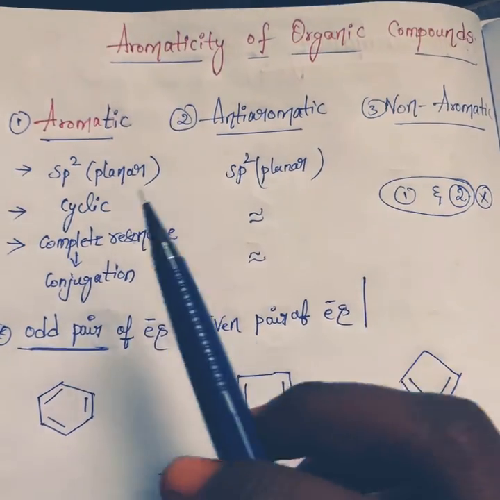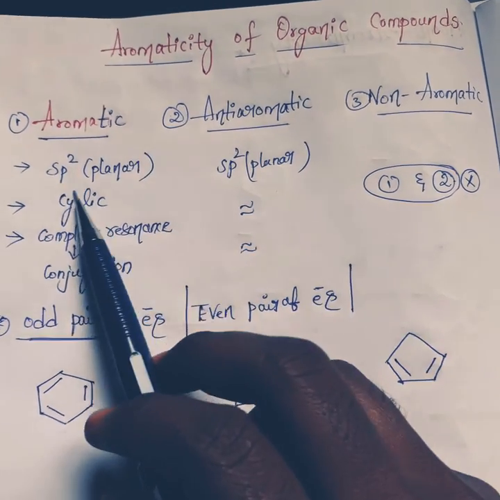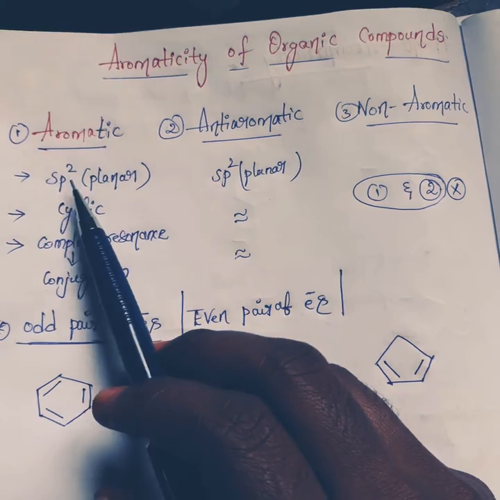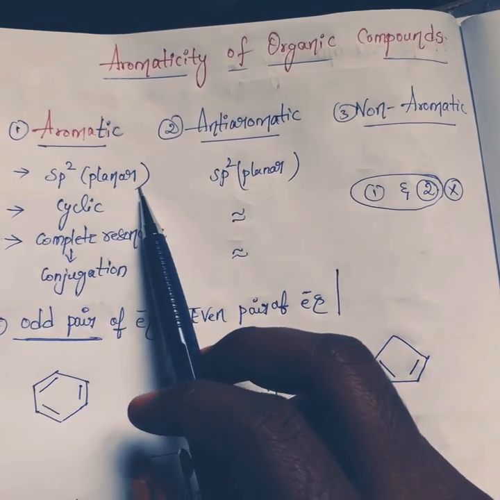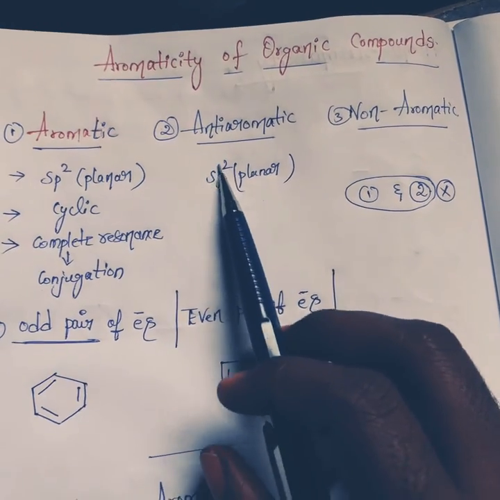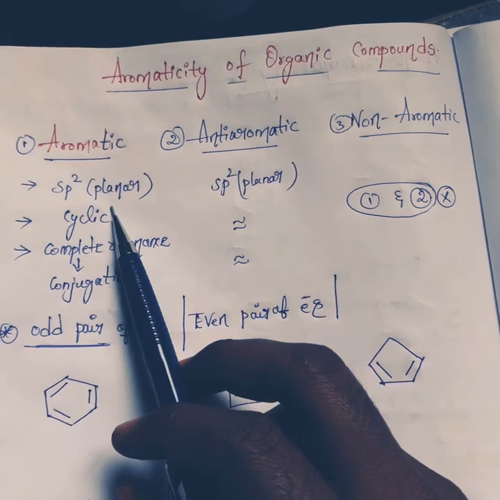First, to exhibit aromaticity, sp2 hybridization should be present. Sp2 hybridized means it should be planar. The same thing holds in the case of anti-aromatic also. So sp2 and planar. Next, second point, it should be cyclic.